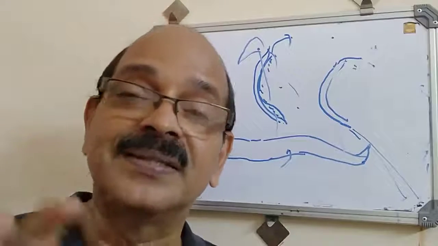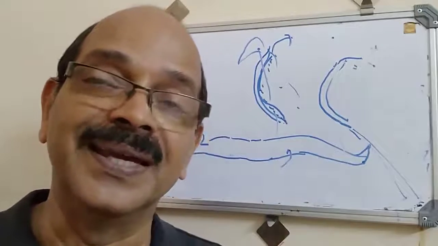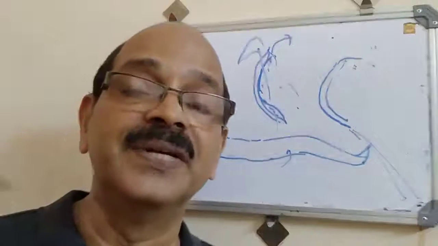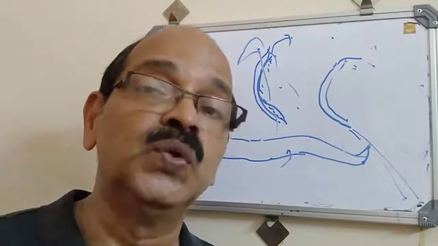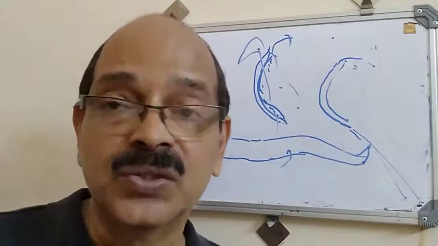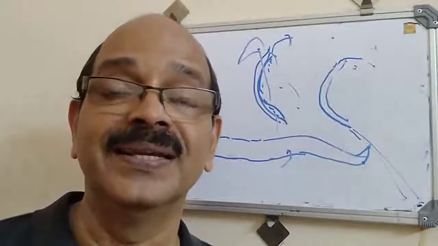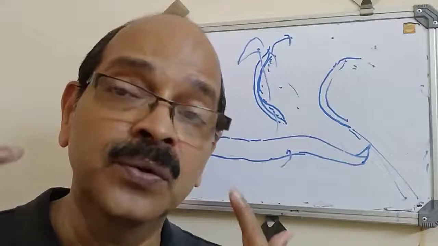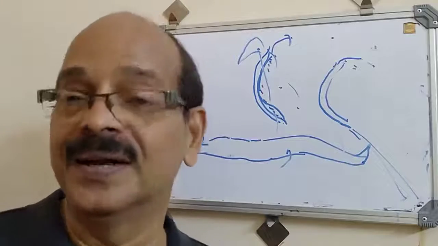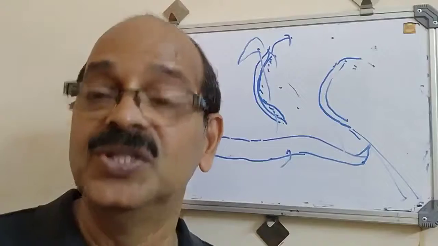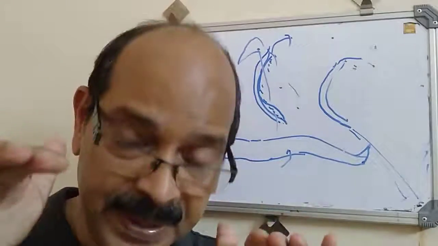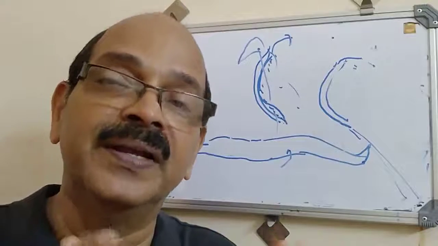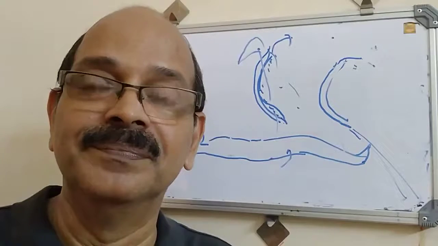So when there is Kernig's sign positivity, it rules out all your painful, misleading situations. So it's a true sign of meningeal irritation. So that is the usefulness of eliciting multiple signs. Otherwise, you need only the neck stiffness. Why should you go for Kernig's sign? If the neck stiffness and Kernig's sign are both present, the number of entities comes down.